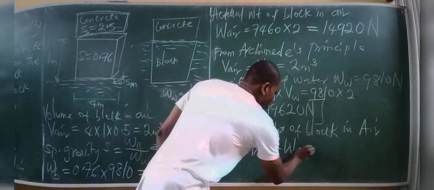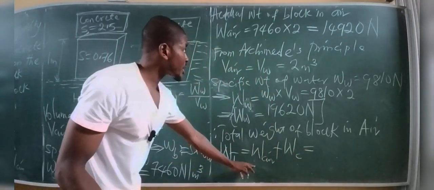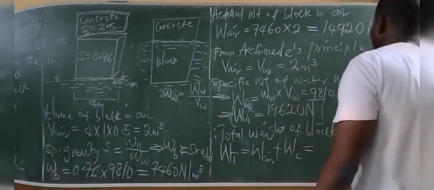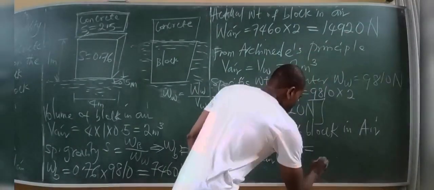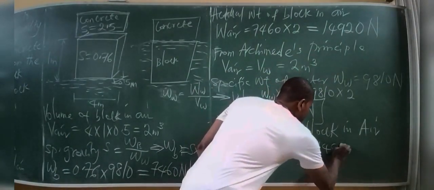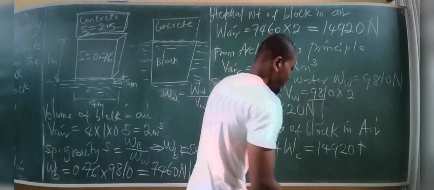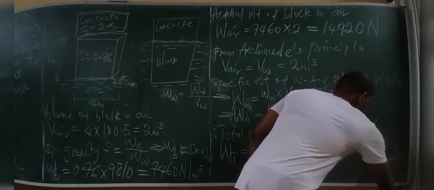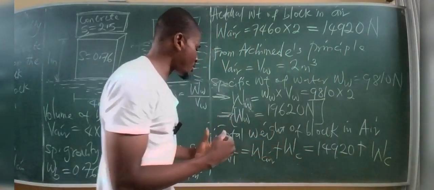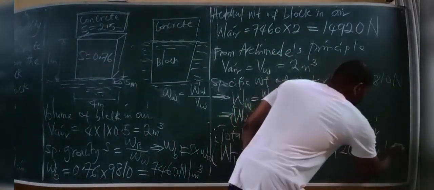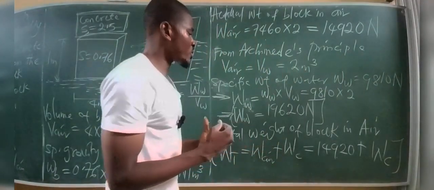So this is now equal to the weight of block in air. We obtain the value to be 14920 plus the weight of the concrete itself, WC. So this becomes the total weight of block in air.